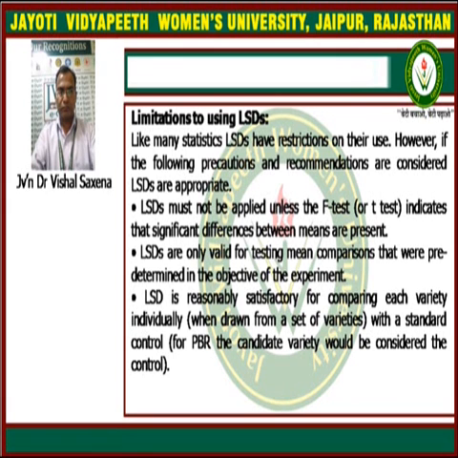Next, LSD is reasonably satisfactory for comparing each variety individually when drawn from a set of varieties with a standard control. For PBR, the candidate variety would be considered the control.